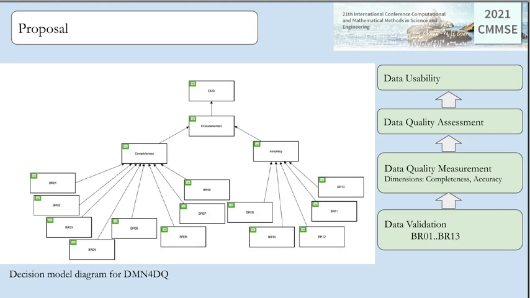The objective is to evaluate the completeness and accuracy. In this respect, we have grouped the data validation of each of the business rules, BR1 to BR13, into two quality dimensions, completeness and accuracy.